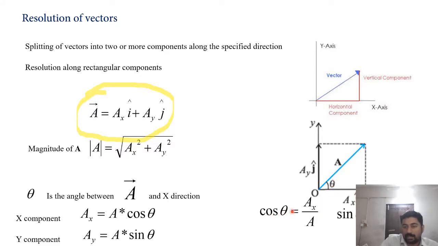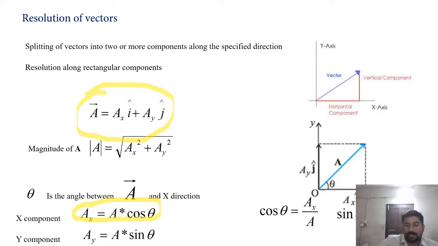What is cos theta? Cos theta is adjacent side by hypotenuse. The adjacent side is x and the hypotenuse is a. So cos theta is equal to x divided by a. And what is x? x is the x component, represented by a cos theta.